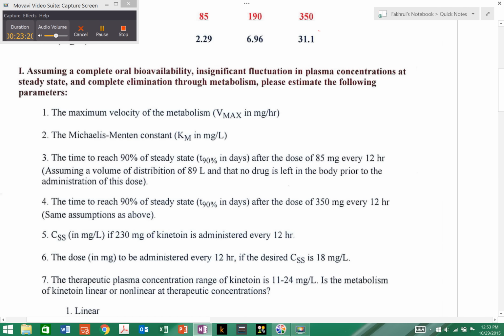First, you have to do this plot. Once you know the plot, you have to calculate Vmax. Always look into the unit. This unit is asking for Vmax in milligram per hour, so you have to calculate that.